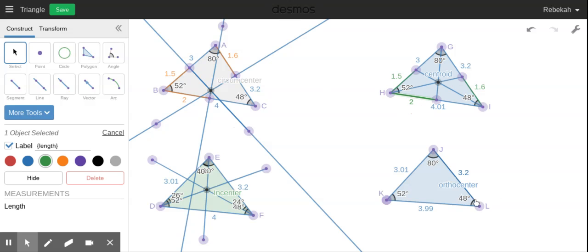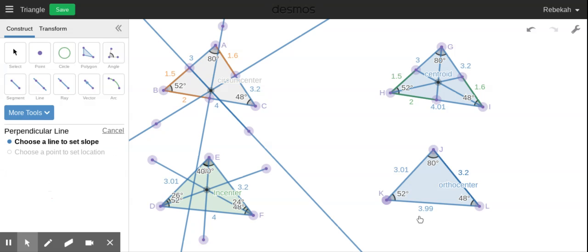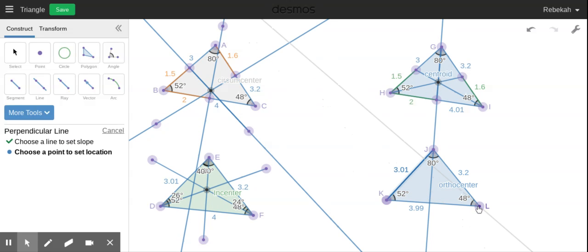All right, the orthocenter is made up of altitudes, and we draw altitudes with perpendicular lines. So that means I am going to have to use the very long perpendicular lines. So I select this line, but instead of drawing it through one of the other points, I just draw it through right there. That's a perpendicular line. I'm drawing perpendicular lines.